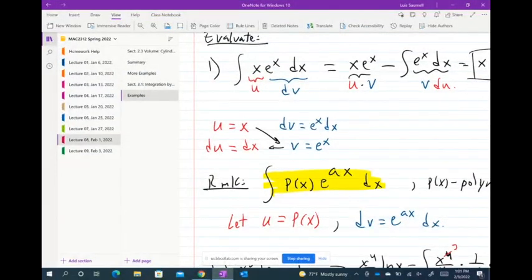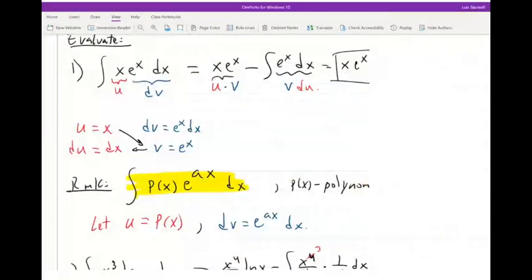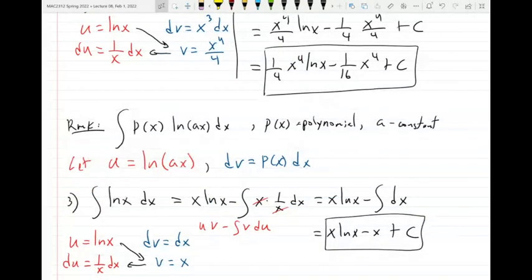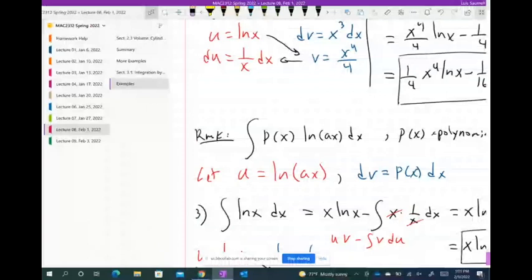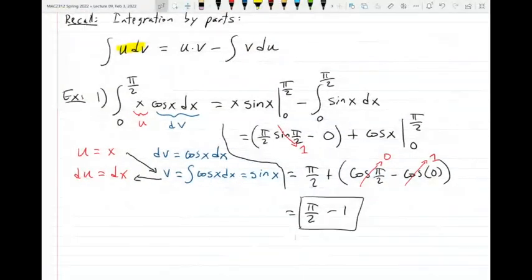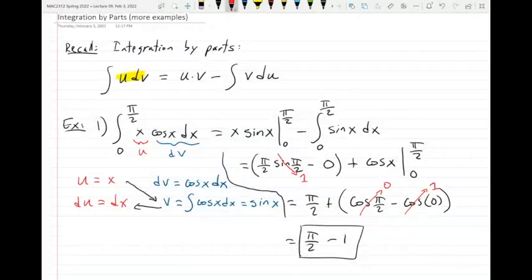If you have polynomial times sine or polynomial times cosine, your u is always the polynomial and your dv is the other function. Now for logarithm, it's the other way around. If you have a polynomial times a logarithm, your u is your logarithm and your dv is a polynomial, okay? Now, the reason why we say that this is the best thing to do is because when you use integration by parts, you are changing this integral for this one, really, okay?